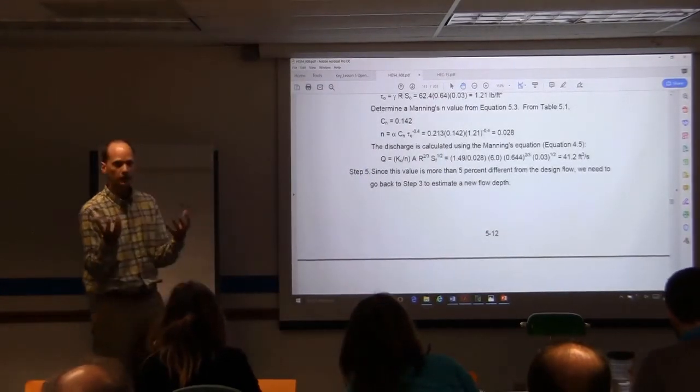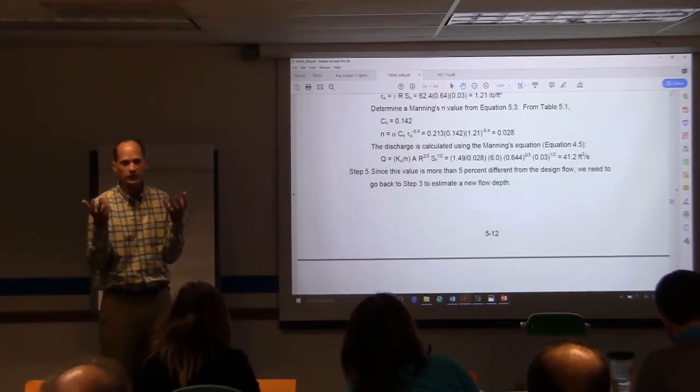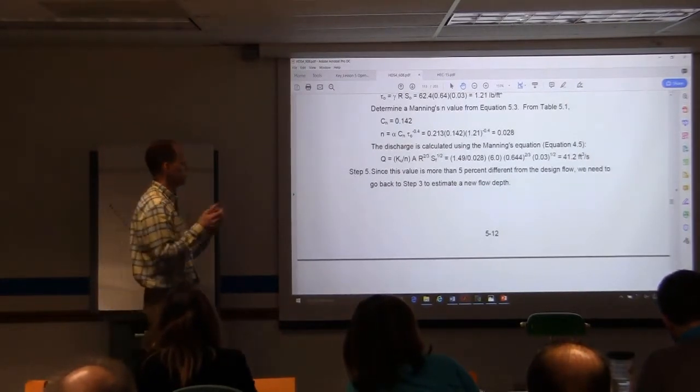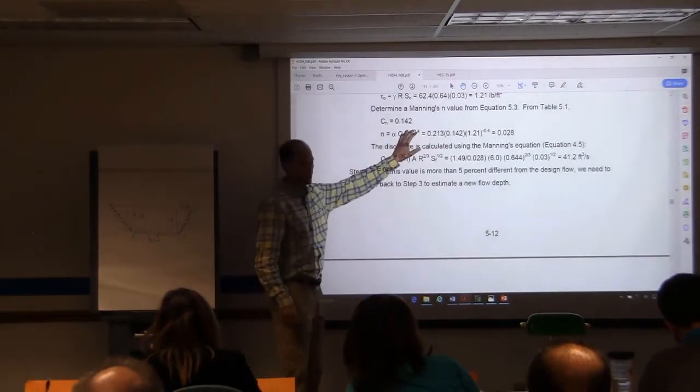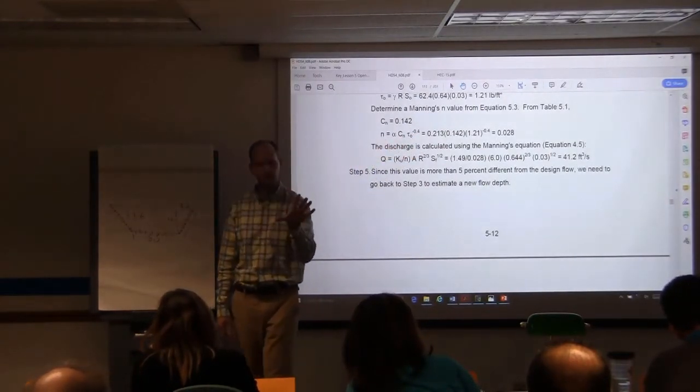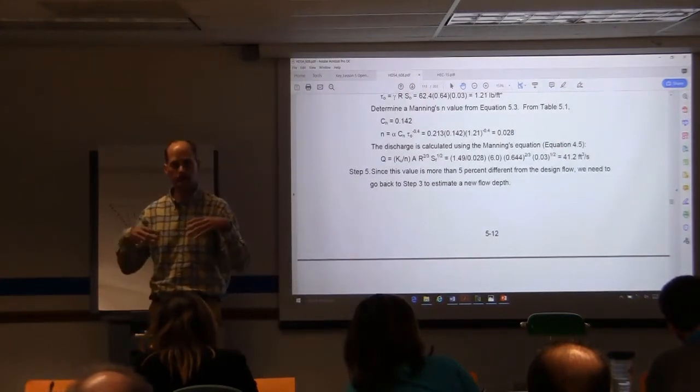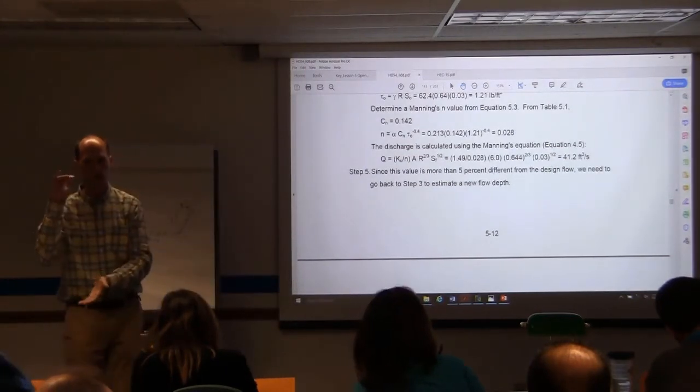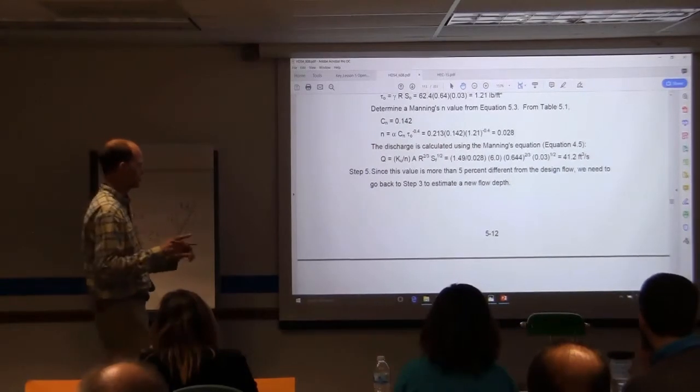So again, digging into the minutia, but the basic concepts are pretty easy to understand there. Here we're using average boundary shear stress to calculate Manning's n. Don't let that throw you, because when we're looking at the applied shear, we're still using the water depth, not the average boundary shear.